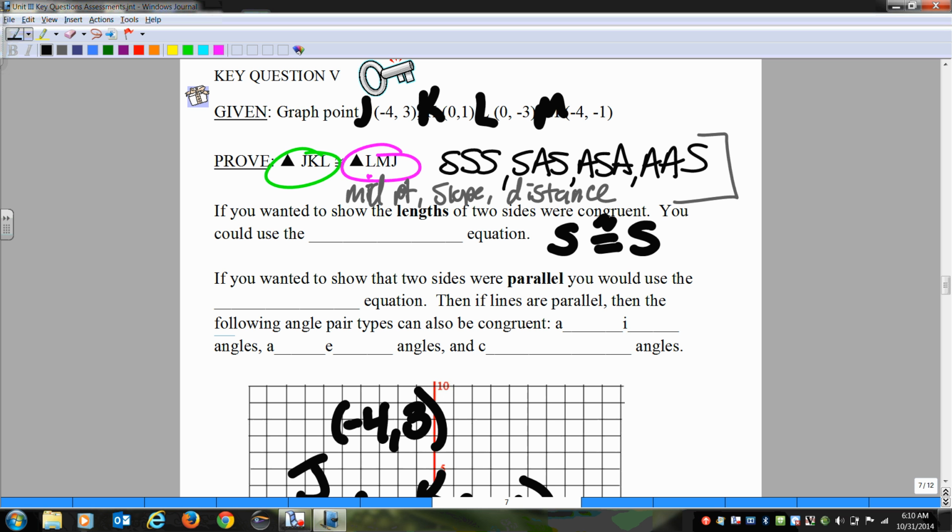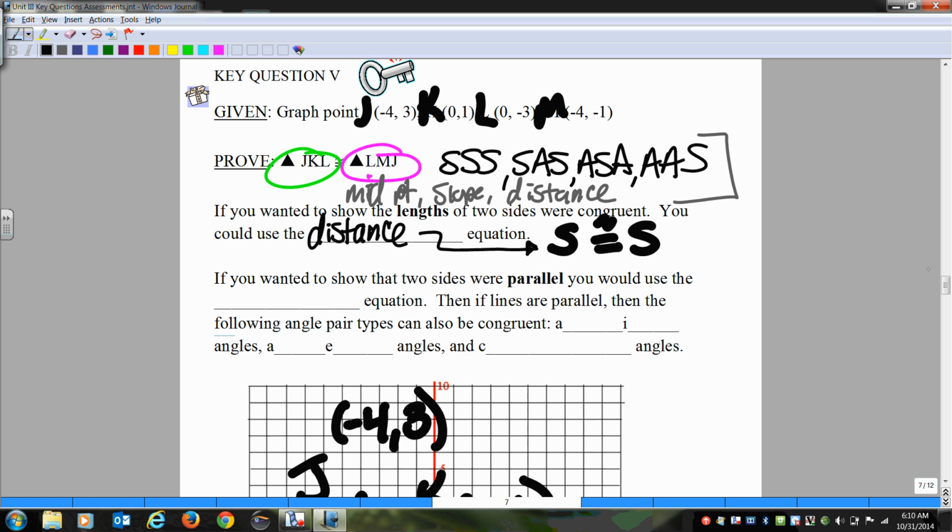Think about that just for a second. Try to answer that on your own. Lengths congruent. We should use the distance equation. Distance would give us the length of sides, and then we can show that the lengths are congruent.